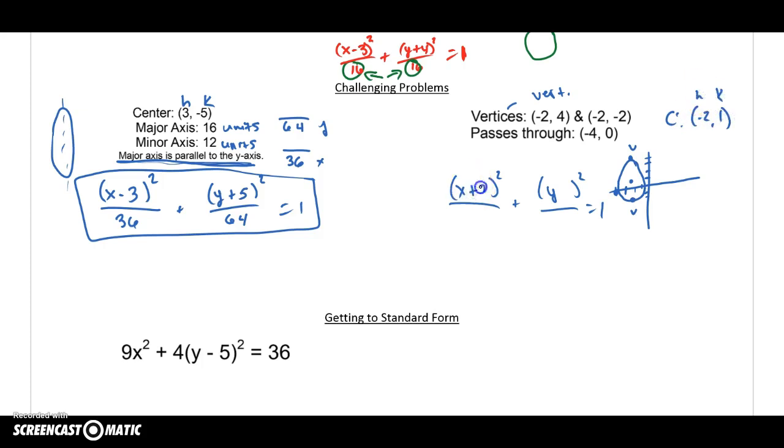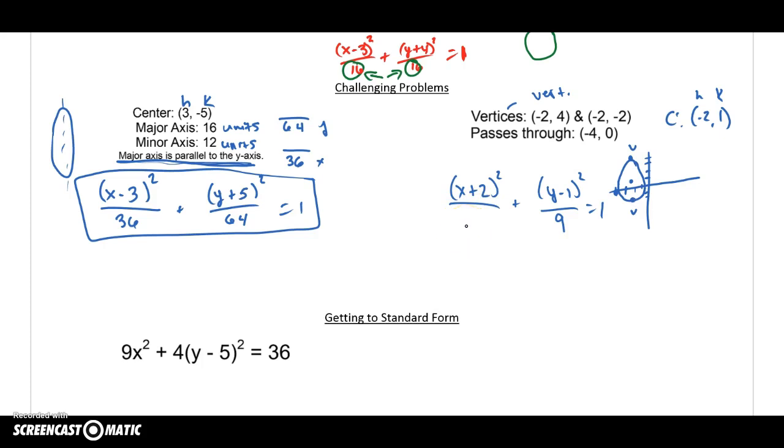So x minus negative 2 squared, y minus 1 squared equals 1. We know that the vertical is my major axis. So from the center, I'm 3 up and 3 down. So that tells me that 3 squared, or 9, is going to be my denominator under y because it's a vertical variable.